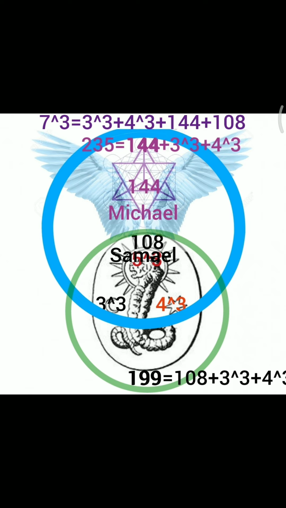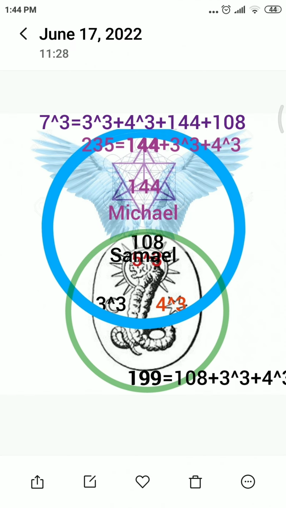So in that video, I gave them titles like this: 3 cube is moon, of course we all know, and 4 cube is sun. 144 here is what I called Michael. 144 is Michael. 108 I called it something else.